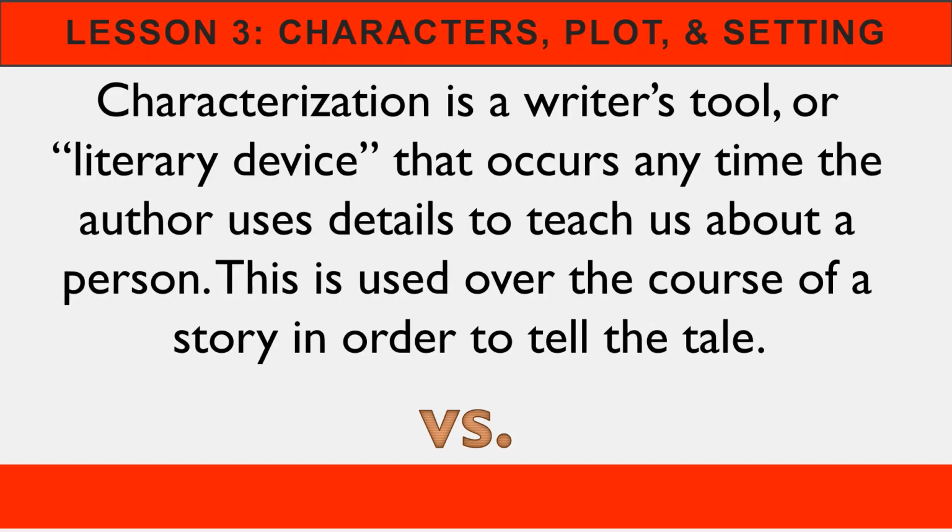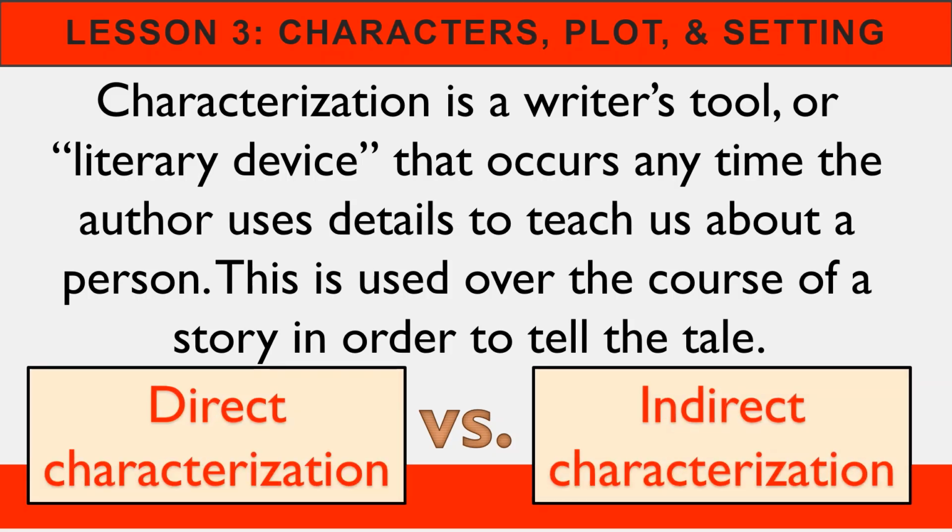Meanwhile, characterization is a writer's tool or literary device that occurs anytime that the author uses details to teach us about a person. Characterization may be direct or indirect. It is direct if the writer makes direct statements about the character's personality and tells what the character is like, such as a lady with black hair and fair complexion, a wicked stepmother, and an innocent young man.